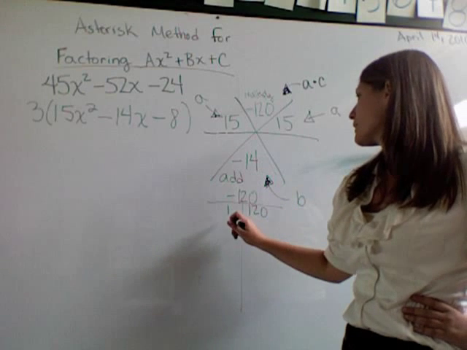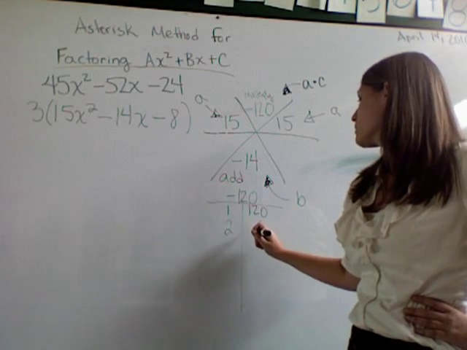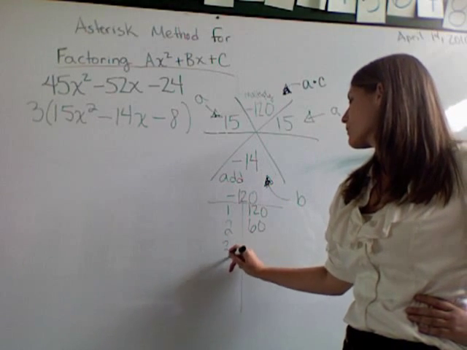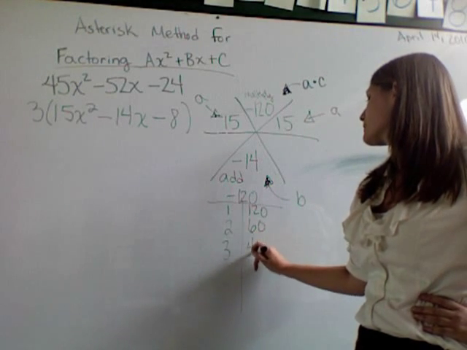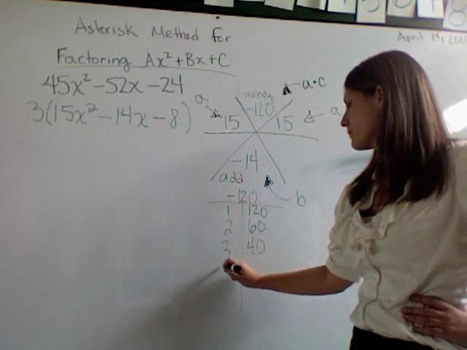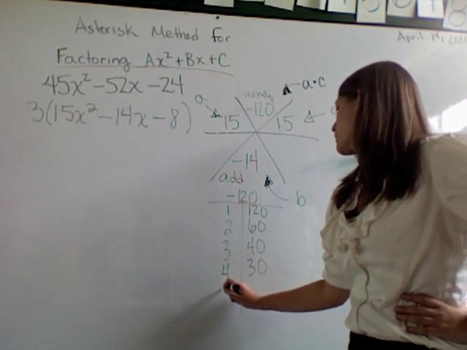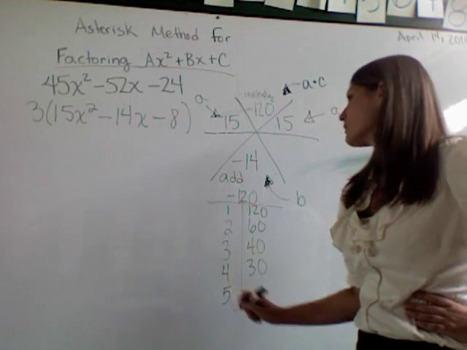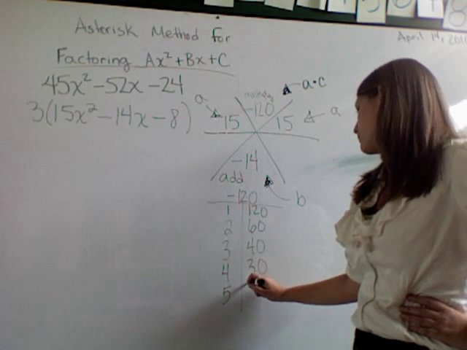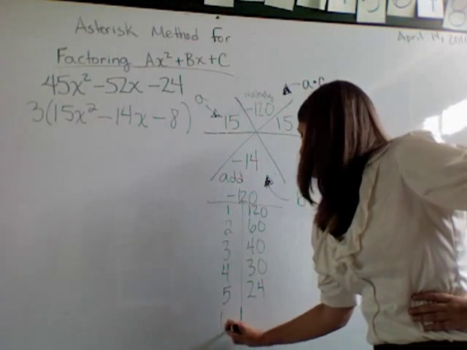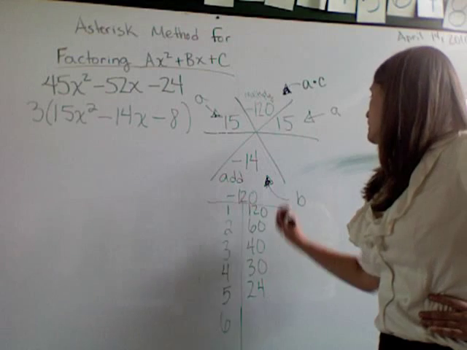Well, this is not going to give me negative 14. 2 and 60. No. 3 and 40. No. 4 and 30. No. 5 and 24. No. 6 and 20.